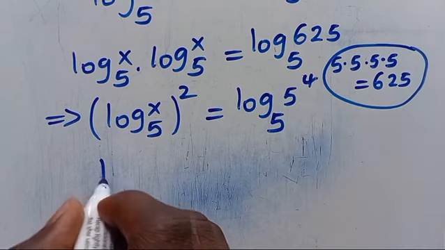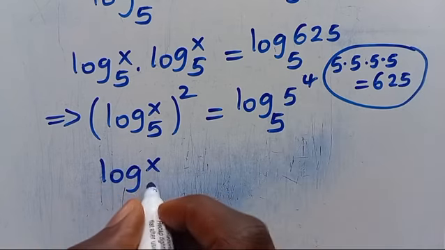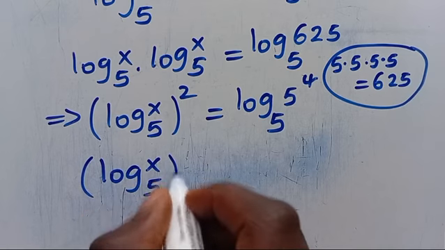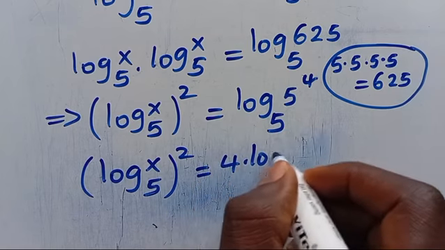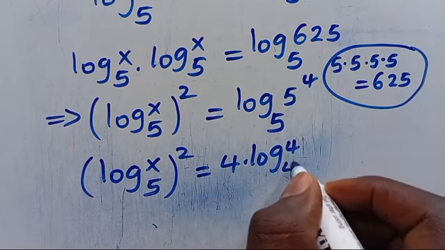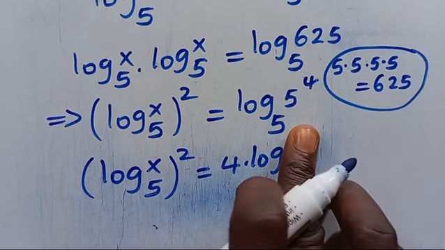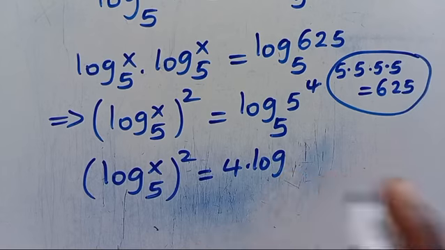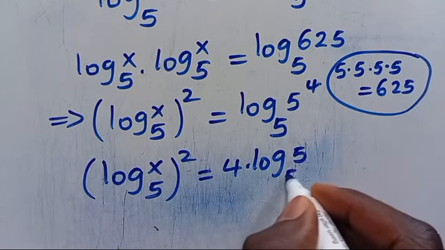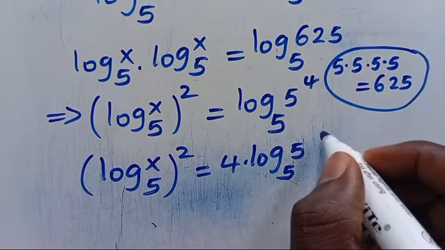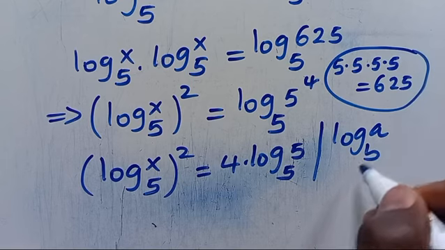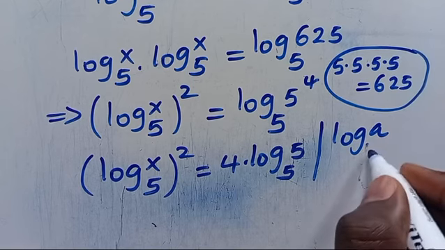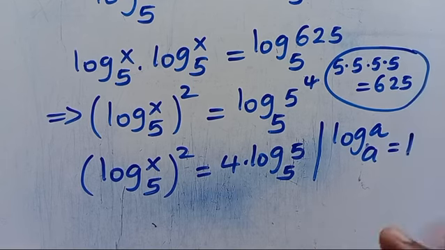So here we have log x in base 5 in parentheses to the power of 2 equals 4 multiplied by log 5 in base 5. Now remember that when we have log a in base a, this will give you 1.